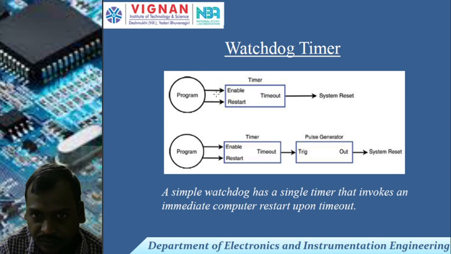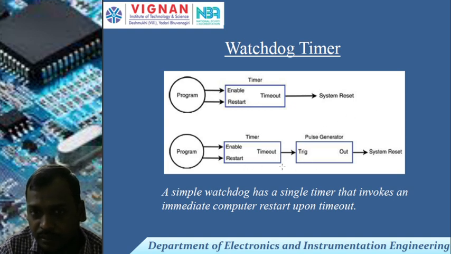Observe here, whenever the program is hung, at that time the watchdog timer is enabled, and it restarts the operation. It goes to the initial operation. That means a system reset, so that the system does not hang and goes back to the initial operation and performs the operation.